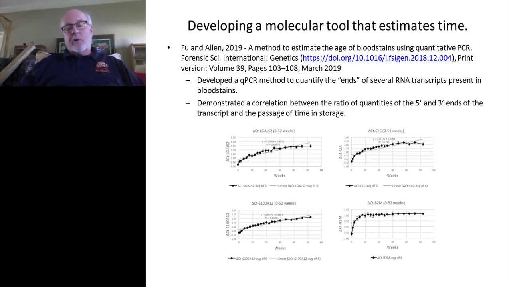As you can see in these curves, this is 4 different transcripts present in blood stains: LGALS2, CLC, S100A12 down in the lower left, and beta-2 microglobulin. If you're at all familiar with RNA quantitation, beta-2 microglobulin is a message that is present in virtually all tissues.